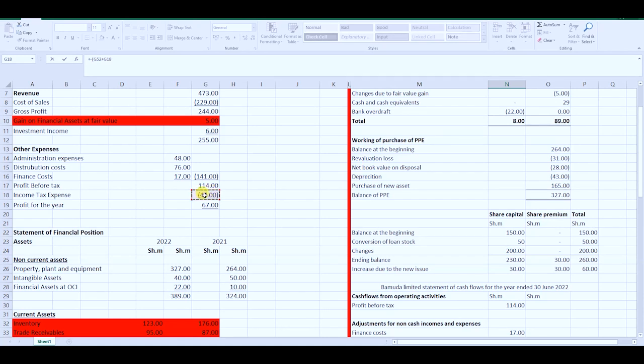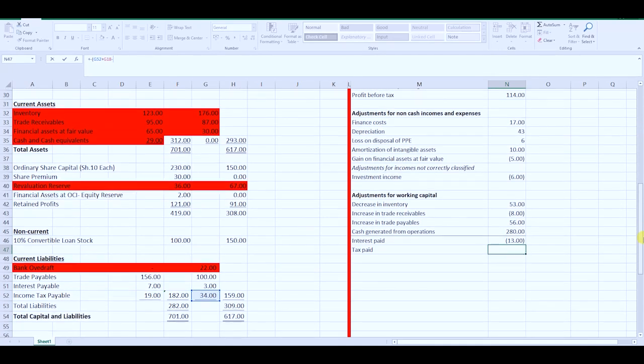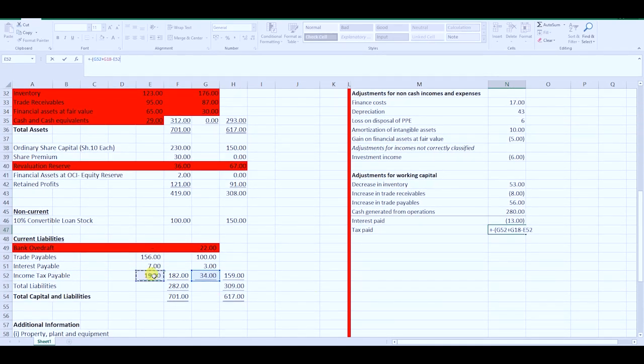And remember, it is a negative value over here, so I think I'll need to also change the formula. Then we deduct the tax closing balance here.